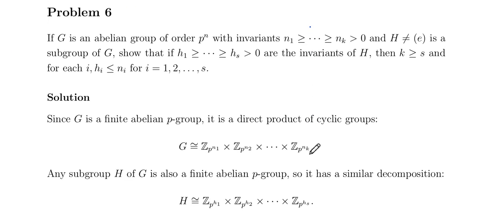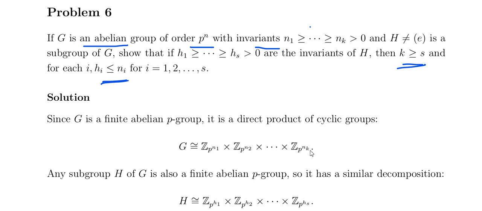G is an abelian group of order p power n with invariants n1 greater than or equal to ... greater than or equal to nk greater than 0. H, not equal to E, is a subgroup of G. If h1 greater than or equal to ... greater than or equal to hs greater than 0 are the invariants of H, then k is greater than or equal to s, and for each i, hi is less than or equal to ni, for i equal to 1 to s.